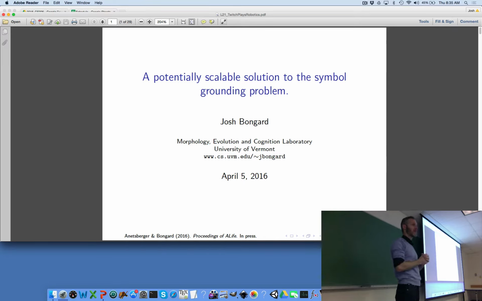So those motoric words are grounded in action, and then more abstract words that are less motoric, like socialism, are somehow related to the symbols which are grounded. That's the idea. That's what has been hypothesized as a way to ground symbols.